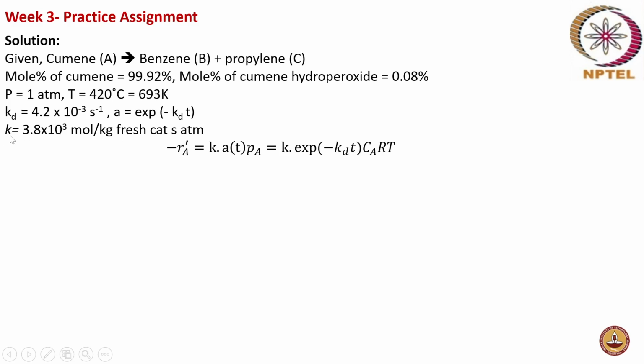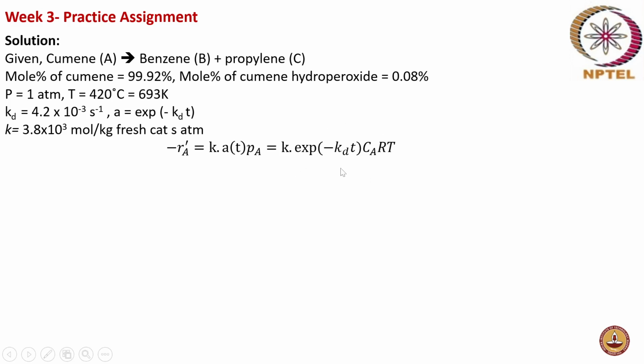From the unit of the rate constant you can identify what term of concentration we have to incorporate, whether it should be partial pressure or direct concentration. Since it is mentioned as atmosphere, we cannot use Ca directly, we have to use partial pressure of A.